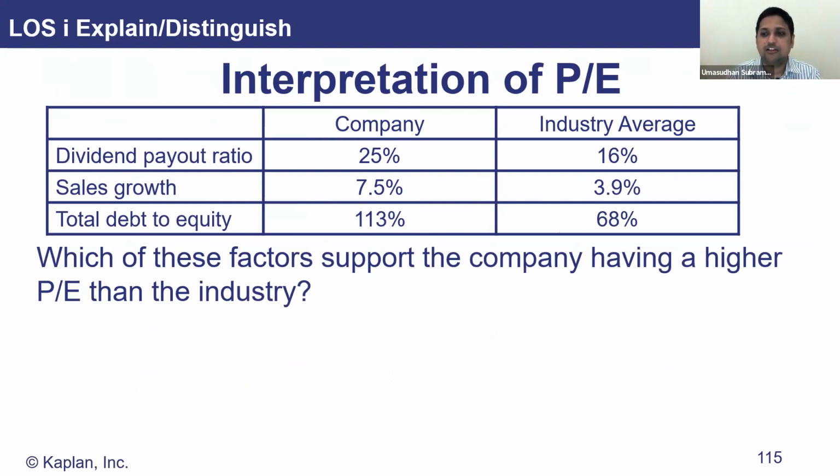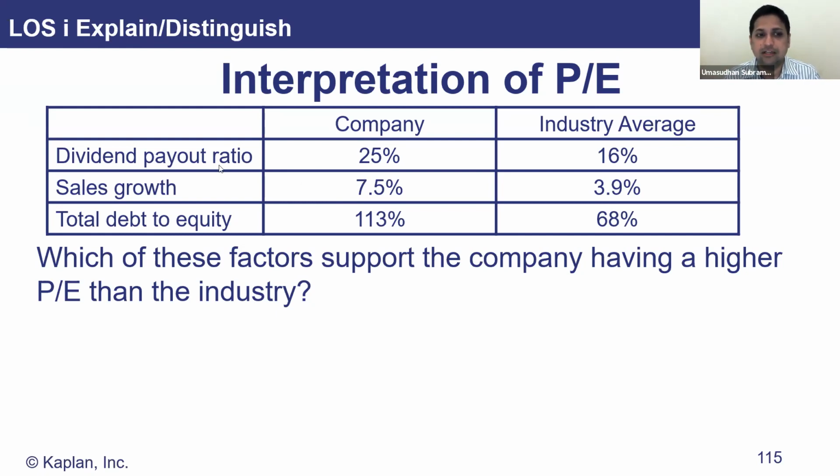So we are trying to think here which factors of the company, compared against the industry average, are going to support the company in having a higher PE ratio. That's our challenge now. Which of these factors support the company having a higher PE ratio than the industry?